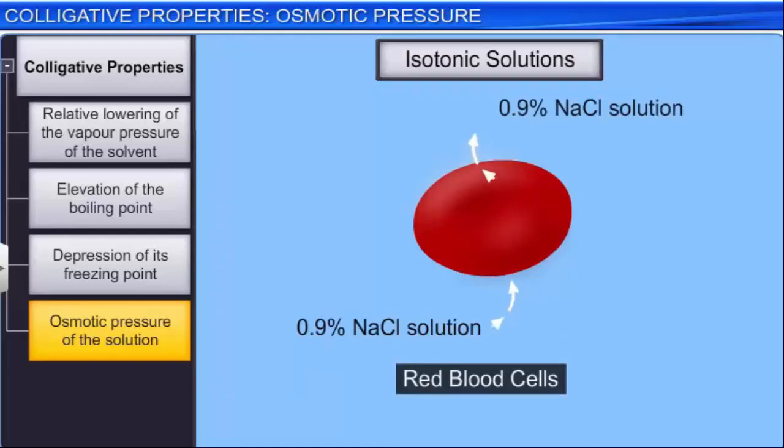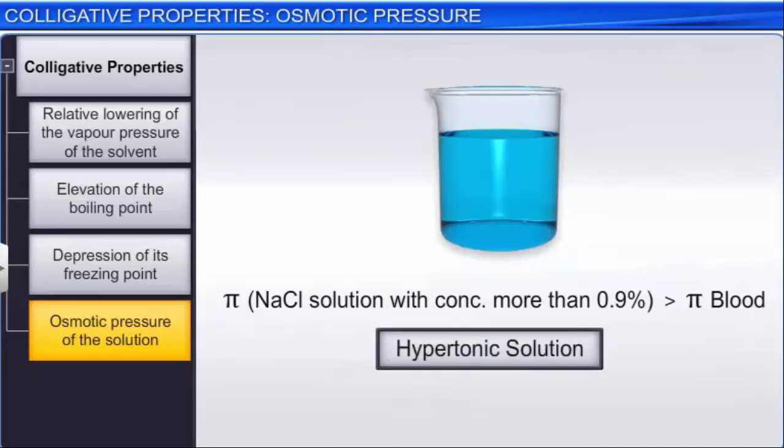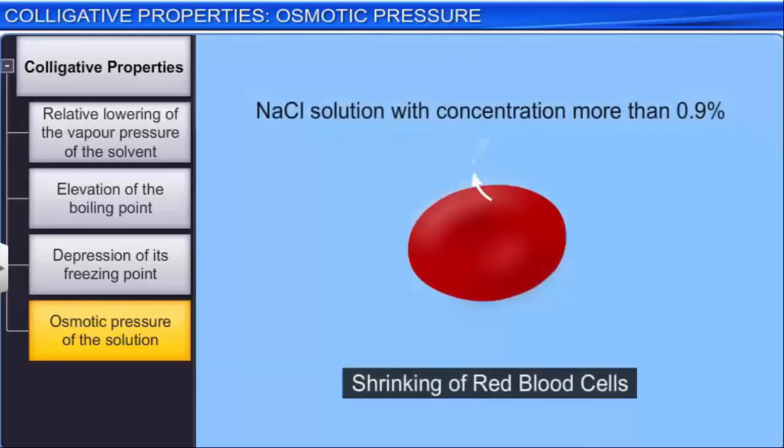A pure sodium chloride solution with the concentration more than 0.9% mass by volume is called a hypertonic solution. And red blood cells shrink when placed in this solution.